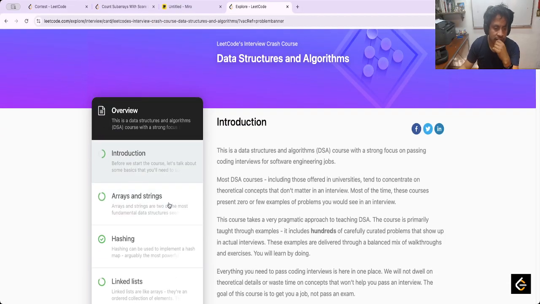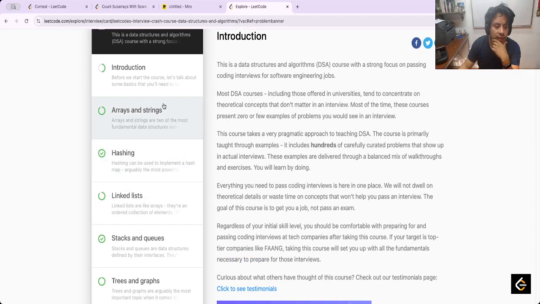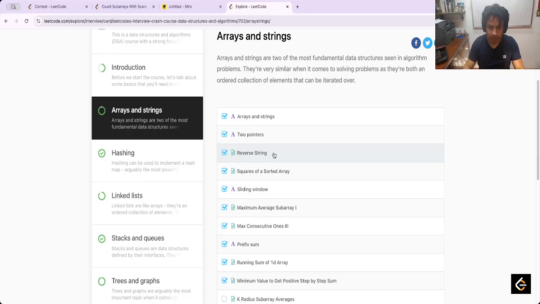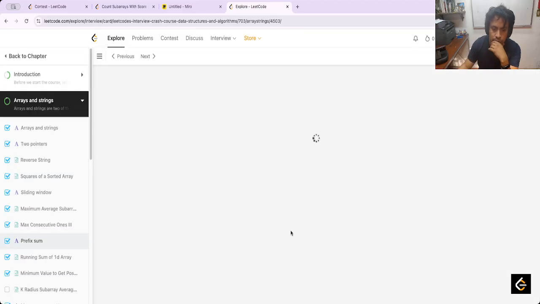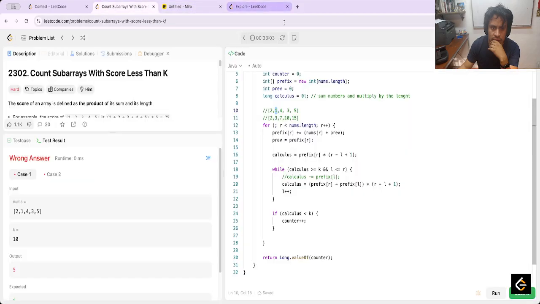I am wrong in the side of the prefix sum. It's, I don't know if that is here. Prefix sum, it's here. Nums plus prefix. In this case is the nums.